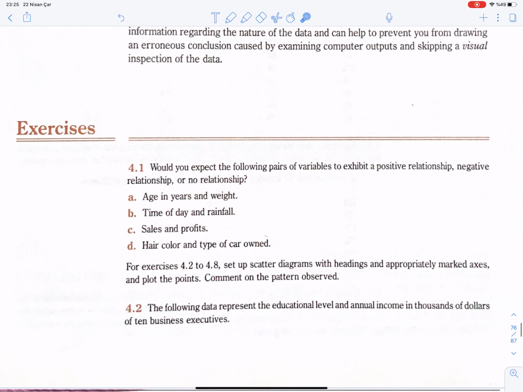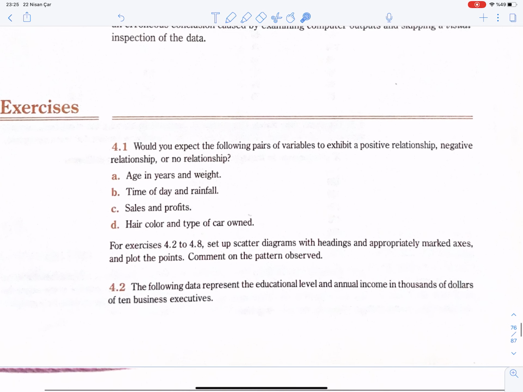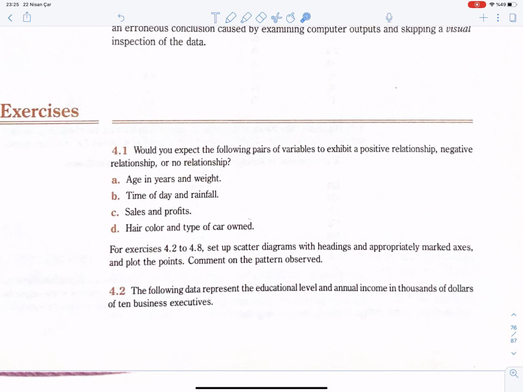Okay, some exercise for this one given here. Would you expect the following pairs of variables to exhibit a positive relationship, negative, or no relationship? Let's see. Age in years and weight. Yes, I would expect a positive correlation.